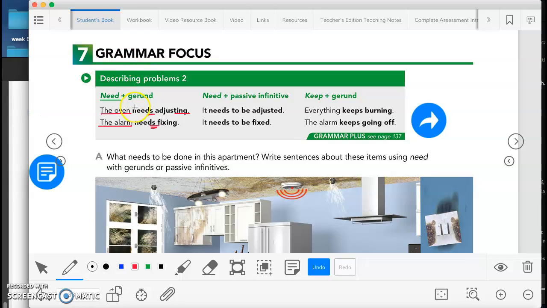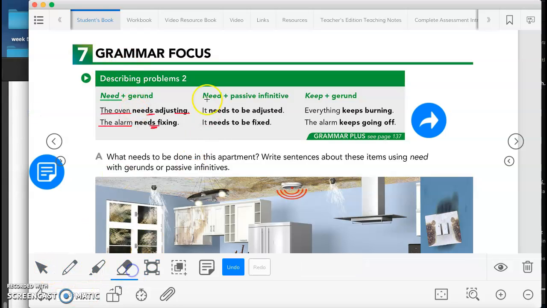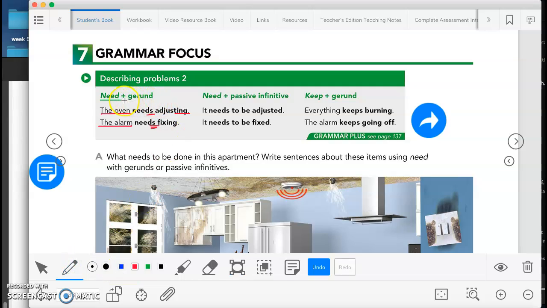Okay, so in here we have, again, describing problems, the second part. So on this part, we are going to describe problems using need plus a gerund, or need plus a passive infinitive, and keep plus a gerund. So I was saying that in here we can use, for a singular noun, the third person singular.